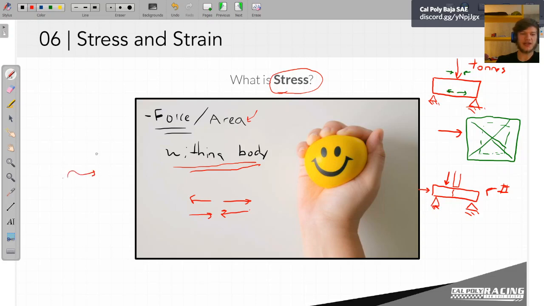We think of them as acting on rigid bodies, and acting all over the place, so in multiple places. This might be a pressure distribution, but they all act to move the body rather than to squish it. And stresses are what we talk about within the body that's actually changing how it's shaped.